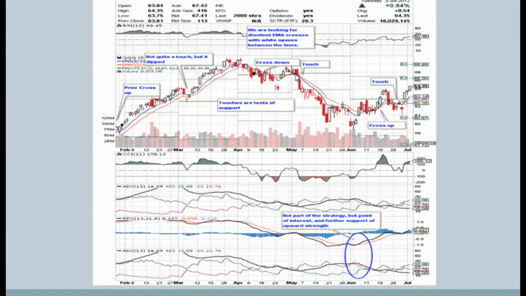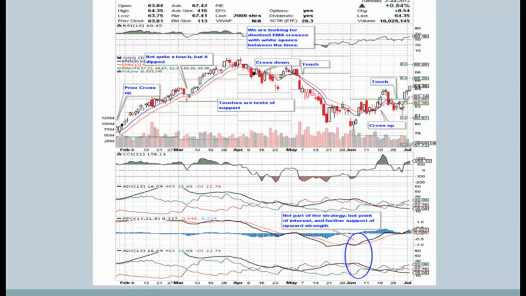It was just a little slide over that went a little too far, and then we continue the downtrend until there's actually a cross up here with some white space.